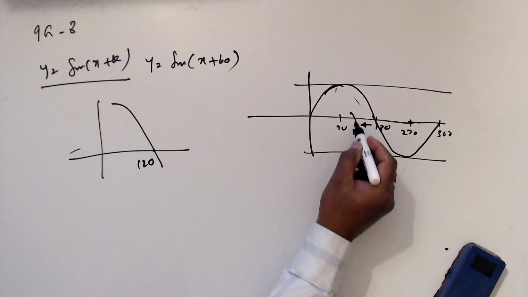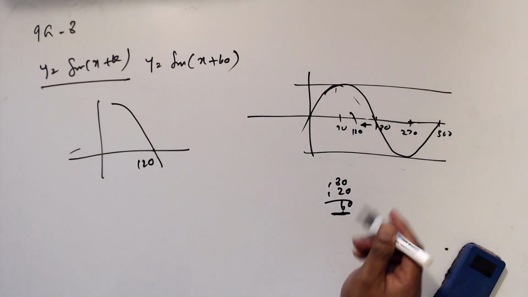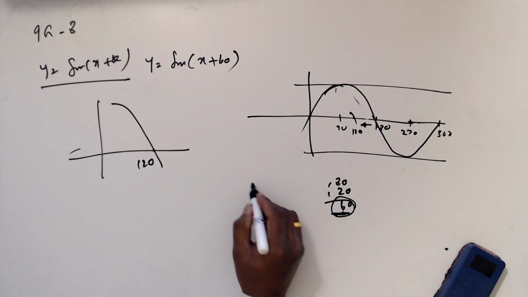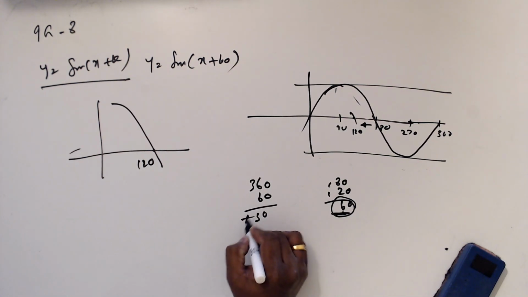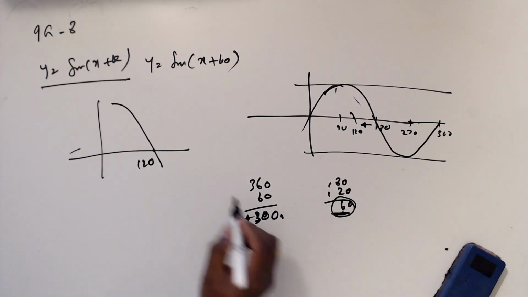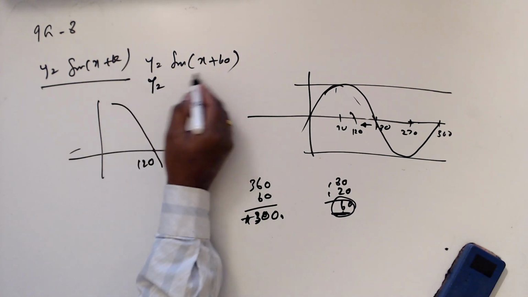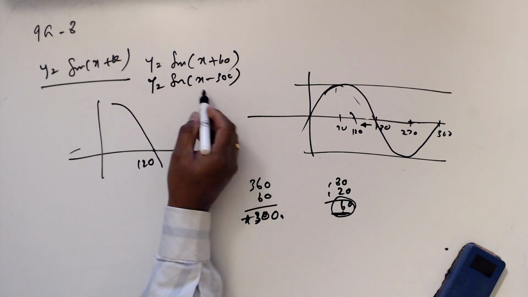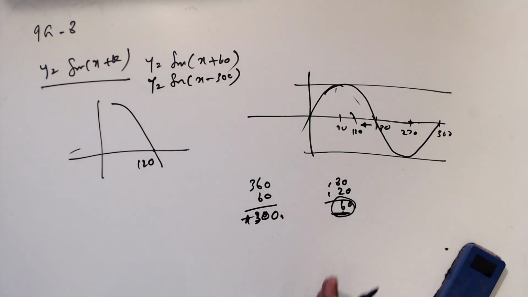Or the same point you can take by shifting to the right 300. So this is 60, shifting the other way around. So 360 minus 60 equals 300. If you shift to the left by 60, it is sin(x + 60), or sin(x minus 300). If you shift this sine curve 300 to the right, you still get the same.